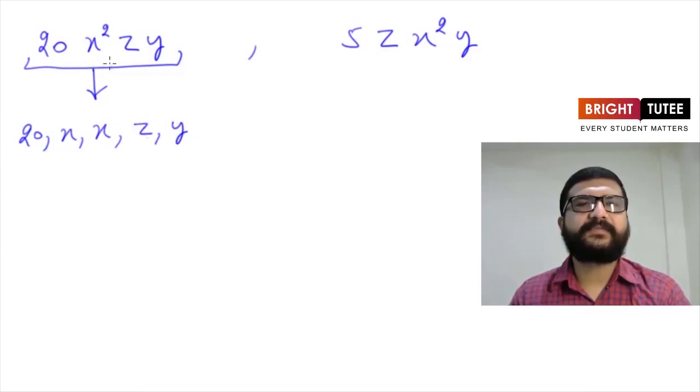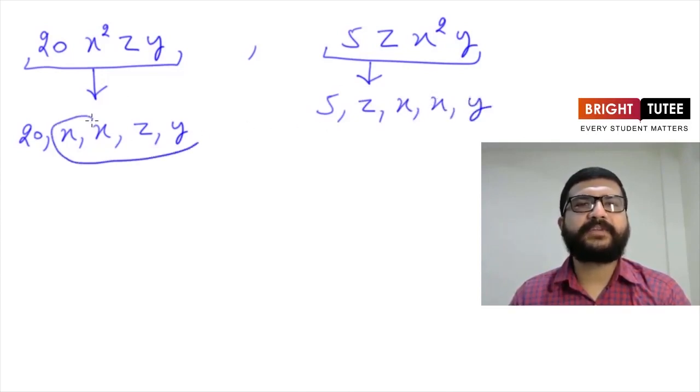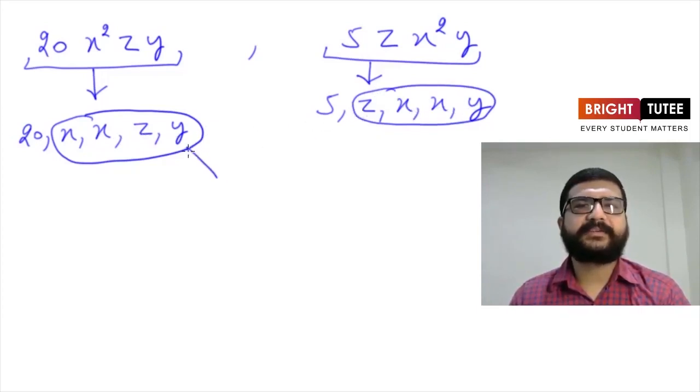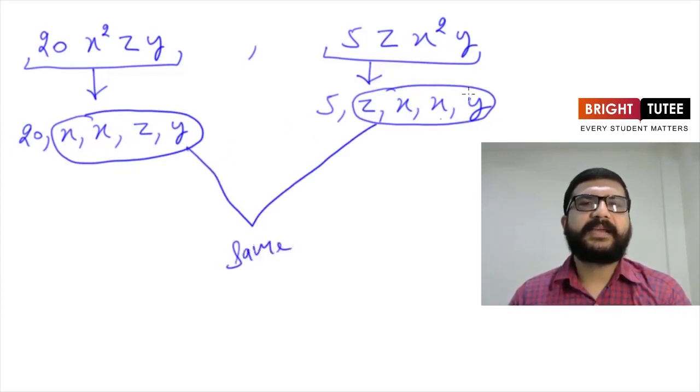So these are the factors of the first term. Now let's write factors of the second term. They are 5, z, x, x and y. Now if we observe carefully, algebraic factors of both the terms are exactly the same. They are x, x, z, y, and here also it is x, x, z, y. So again algebraic factors are the same. Hence we can say the terms are like terms.